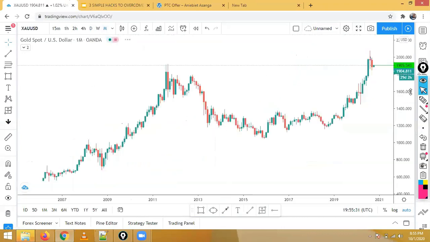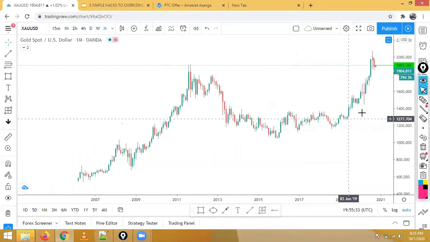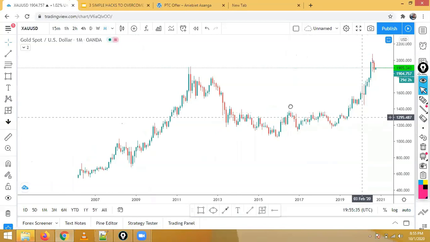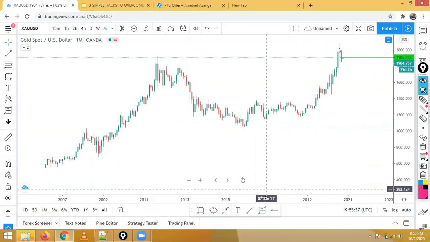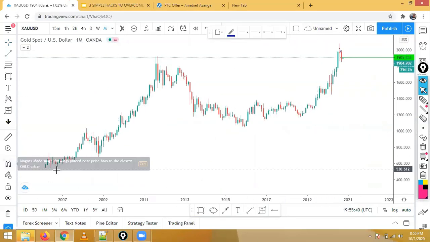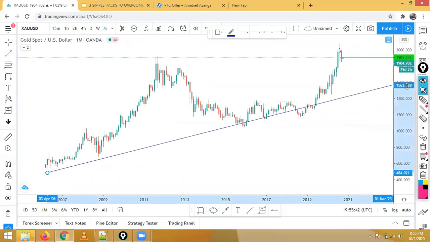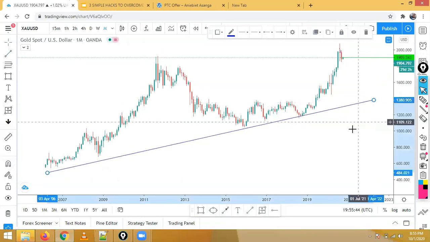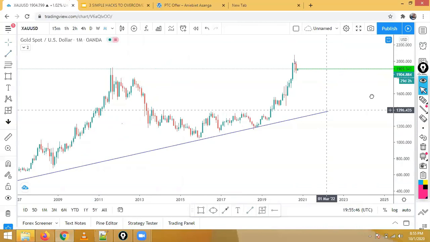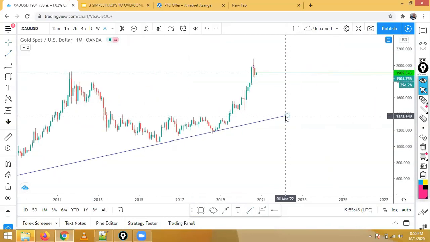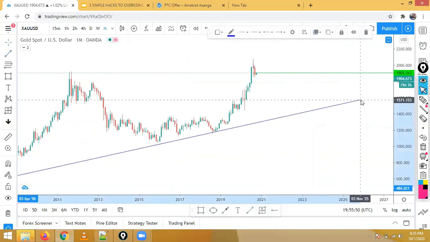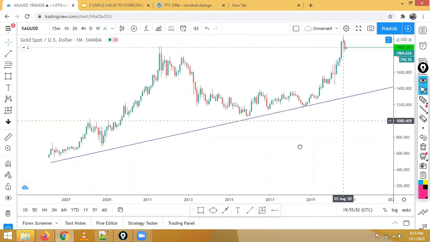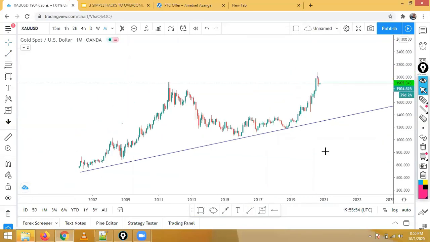We can start from the monthly. You see from the monthly, gold has been trading at all-time highs, going up. This is the long-term picture on gold.